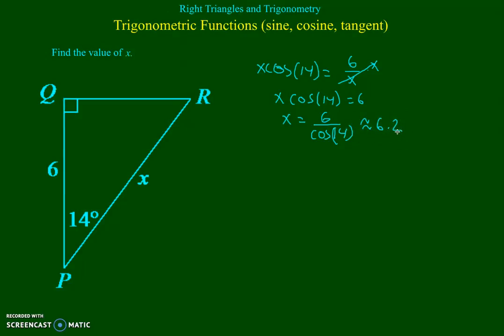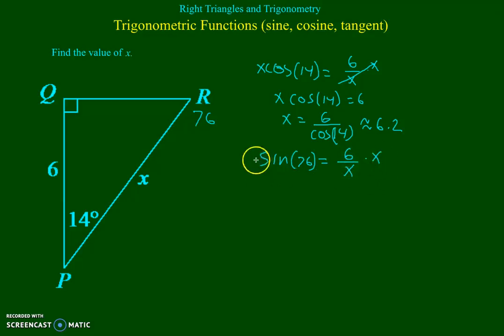Approximately 6.2. Again, if we want to work with angle R, we just need to subtract that from 90, which is 76, and we run through the limerick again. So we have SOH-CAH-TOA, and it's sine in this case: SOH. So the sine of 76, because we started at this angle, equals opposite over hypotenuse.